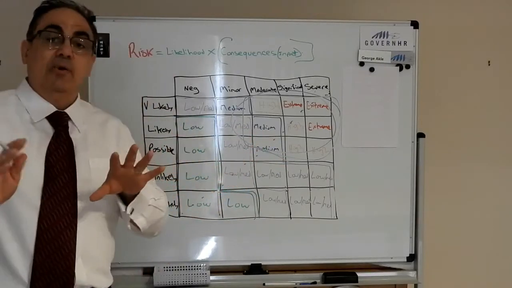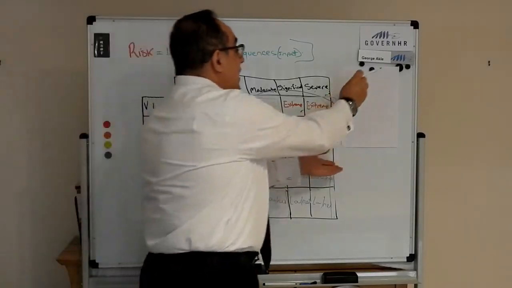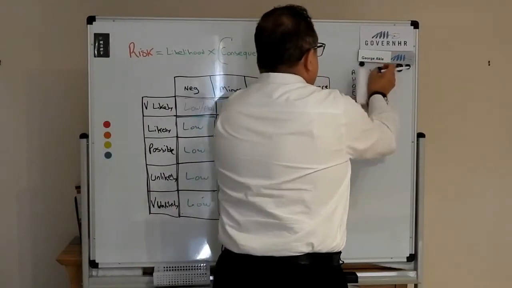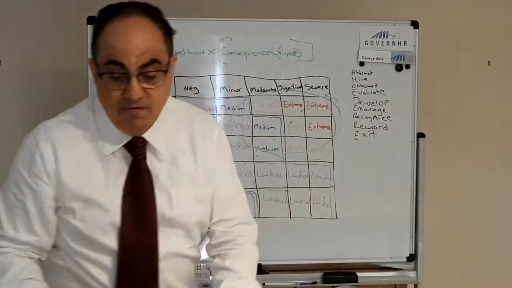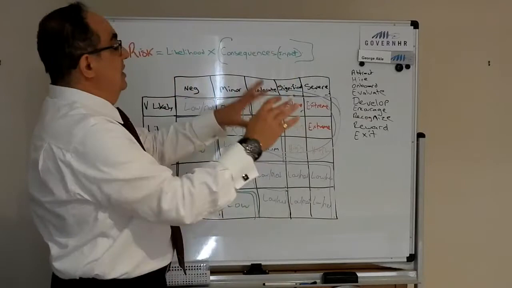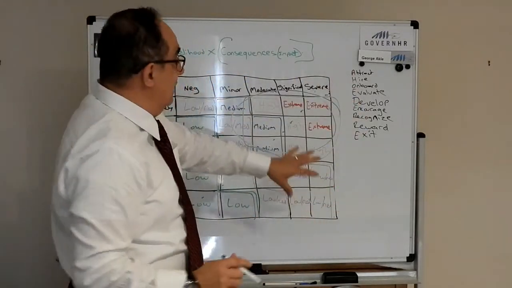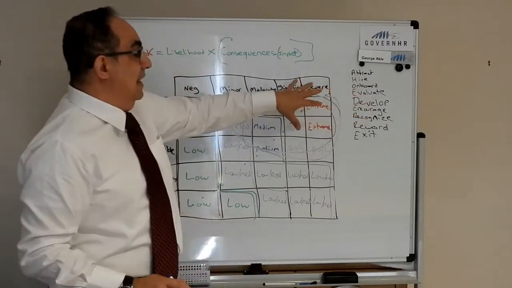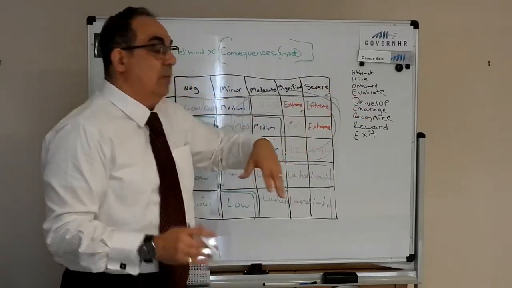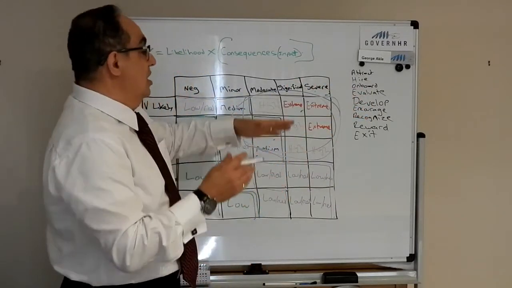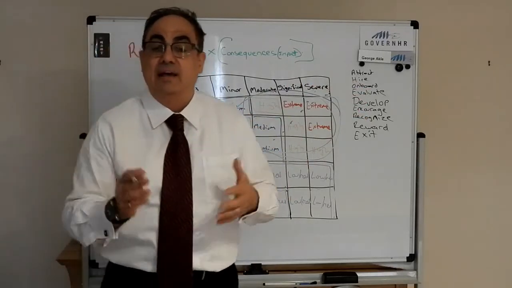Now, when we're looking at HR in particular, HR has a significant number of processes, and if we just look at simply the employee life cycle in a very, very summarized format here, we've got attract the talent, hire, onboard, evaluate, develop, encourage, recognize, reward, and exit.